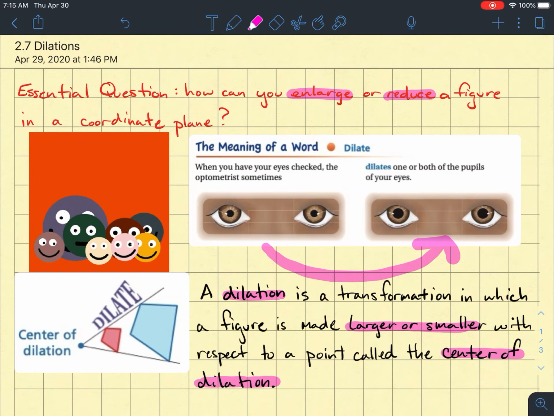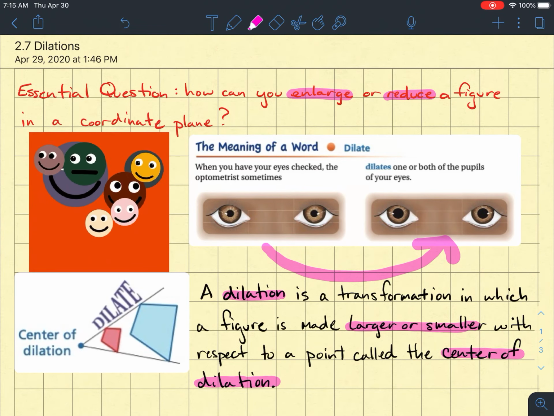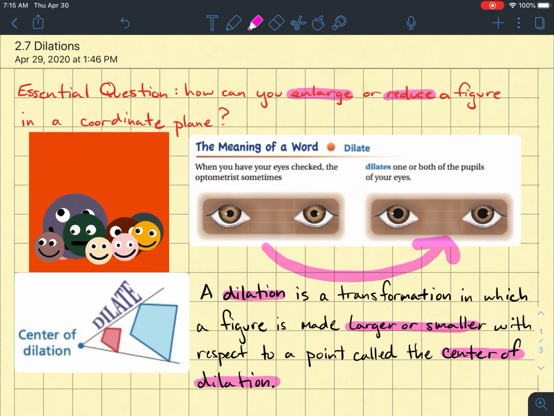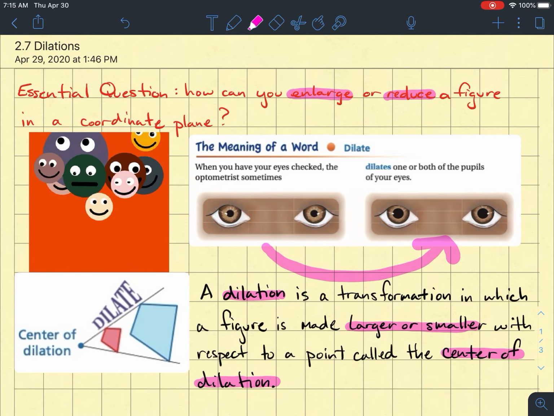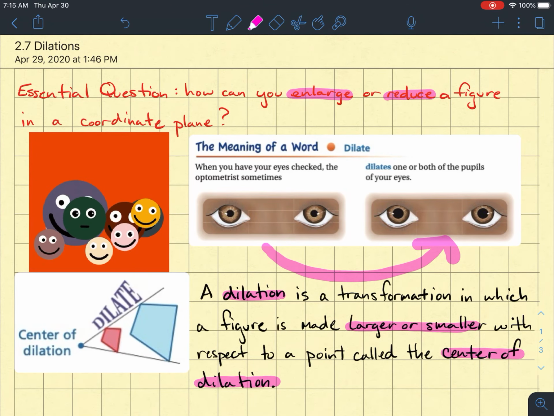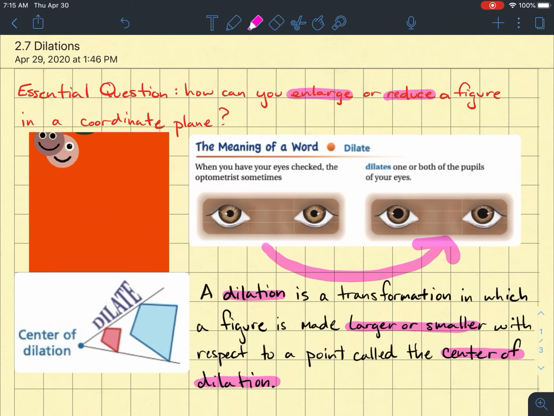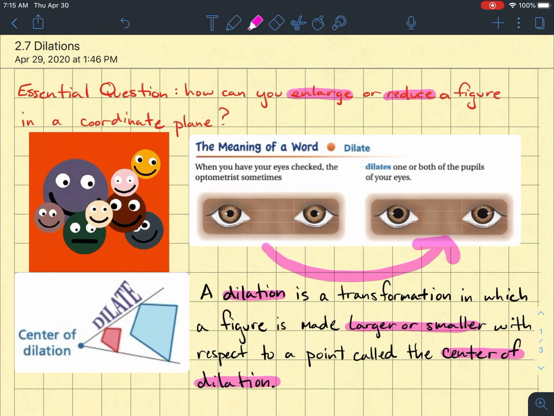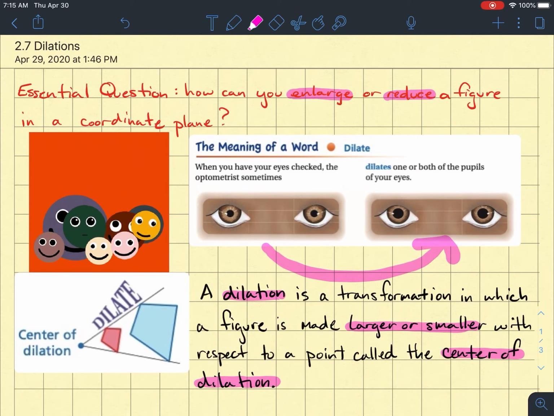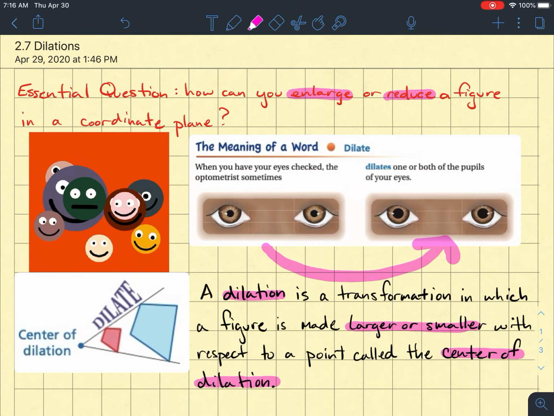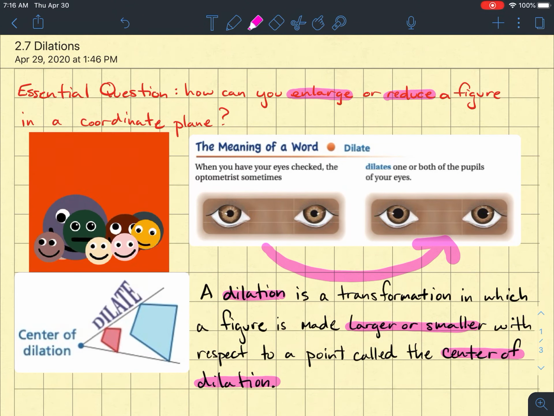That's probably where you heard the phrase dilate or dilated. Your pupils get bigger, like you see in the image there, and in the fun little image of the smiley faces, their eyes are getting smaller. So that would be a reduction. Their eye pupils are reducing.